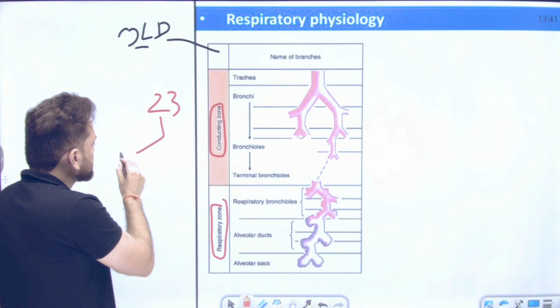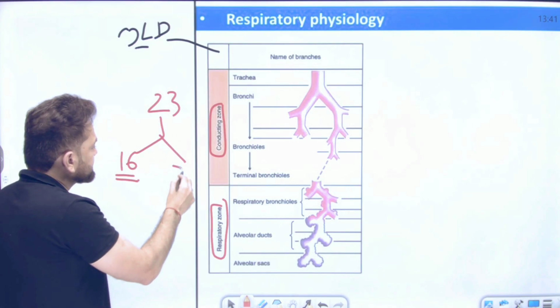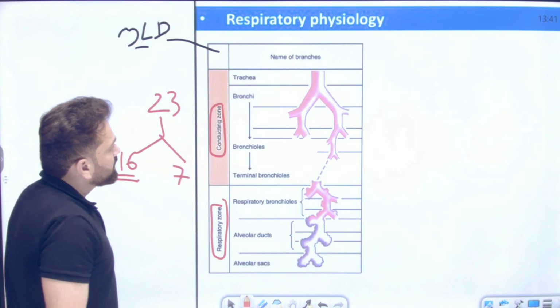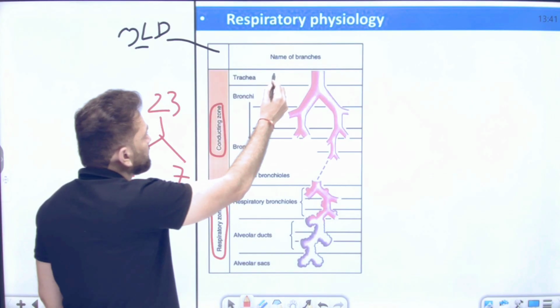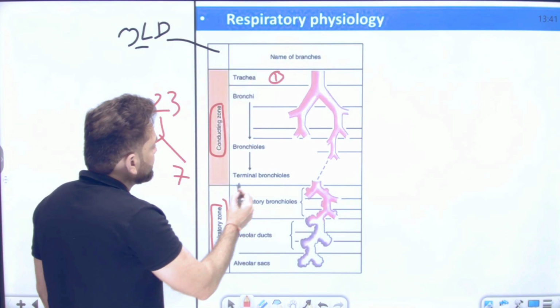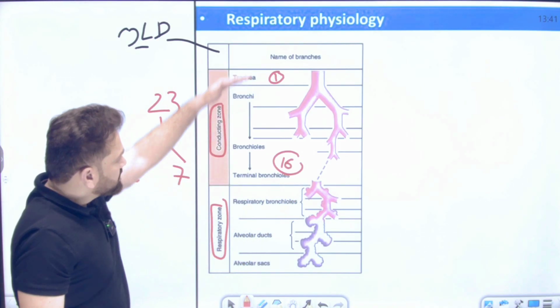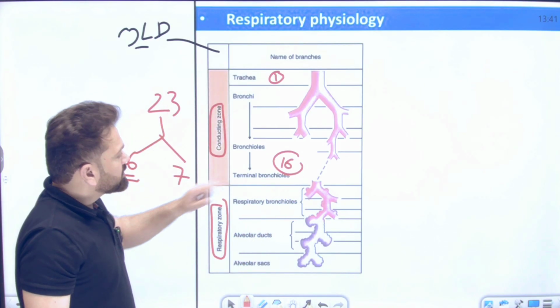Out of this, 16 generations are conducting and 7 generations are respiratory. So from trachea, number 1, to terminal bronchiole, they are called the conducting zone. So they are 16 generations from trachea to terminal bronchiole.